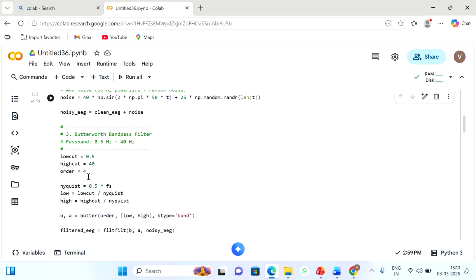Suppose if the transition is diluted, then the filtering process will make mistakes. It will not be normal, so error will happen. Proper filtering will not happen. That is why there should be only two conditions, either stop or pass. If another condition exists in between, then filtering will not be good.